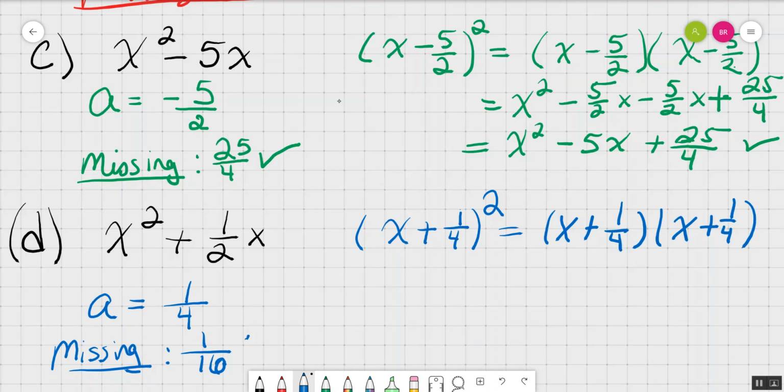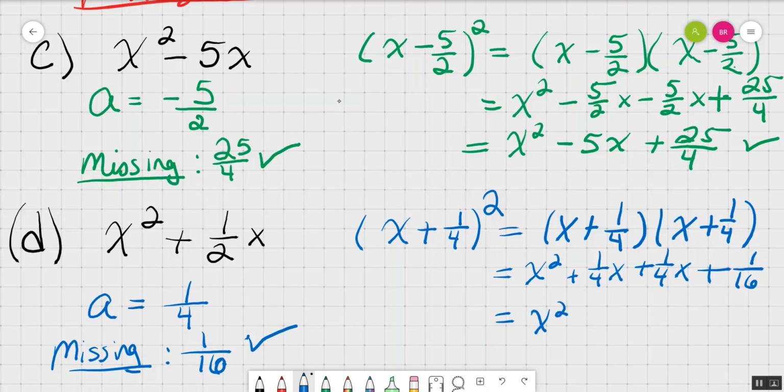There we go. Let's multiply. X times x gives me an x squared. X times 1/4 gives me 1/4 x. 1/4 times x gives me 1/4 x. Plus 1/4 times 1/4. We multiply numerators to get 1. Multiply denominators to get 16. Yep, that guy worked. Let's go ahead and add.